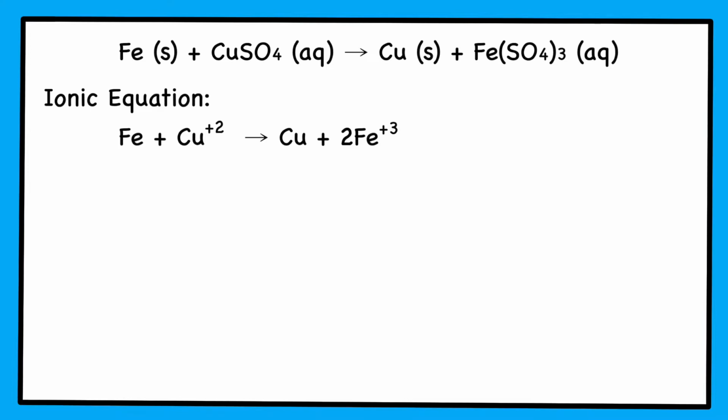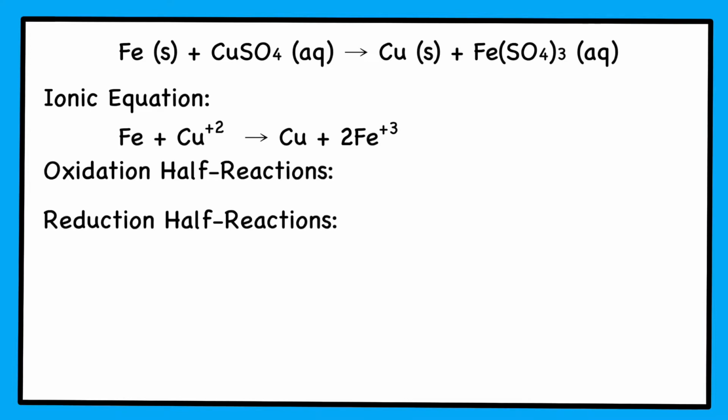Okay, so now we go to step 2. Step 2 has me writing out the half reactions for the oxidized and reduced atoms. So Fe is oxidized, or loses electrons. Our equation for it would read Fe, whose oxidation number is 0, yields Fe3+, whose oxidation number is plus 3.